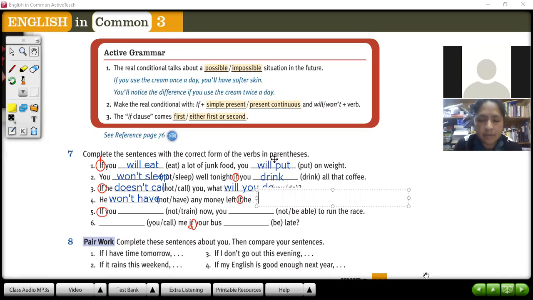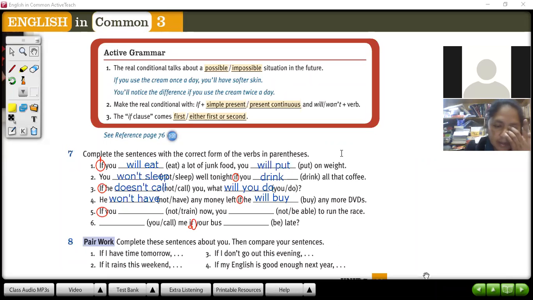He will buy any more DVDs. So you say will buy is not correct.